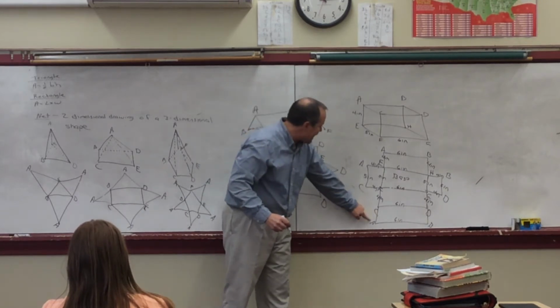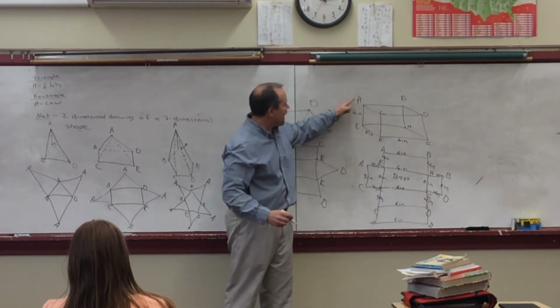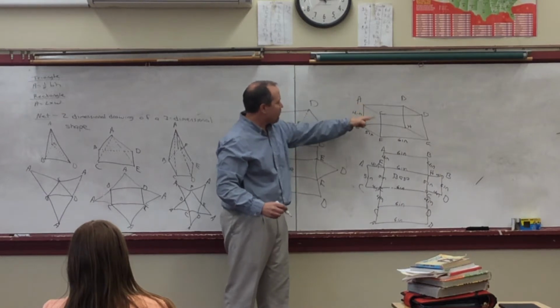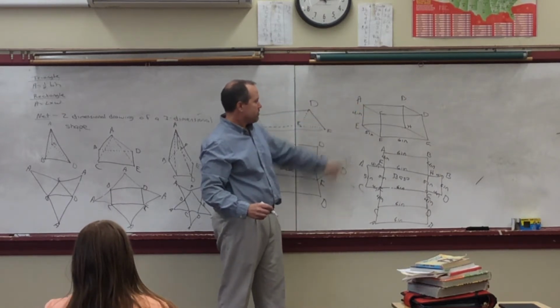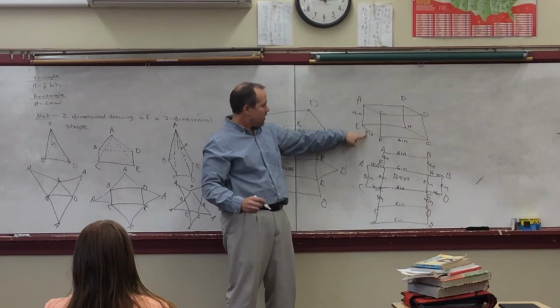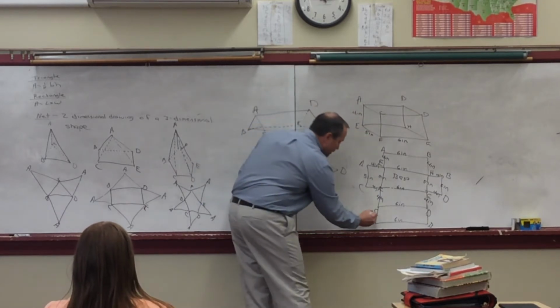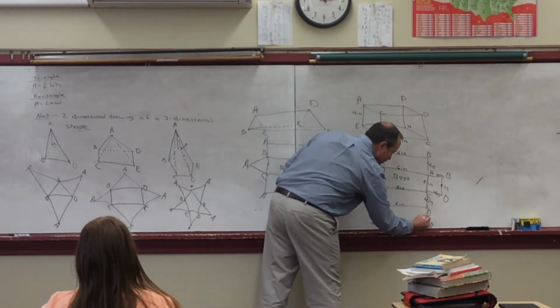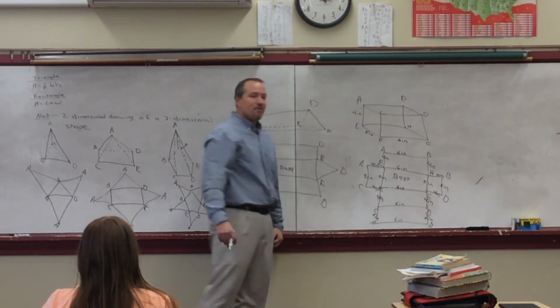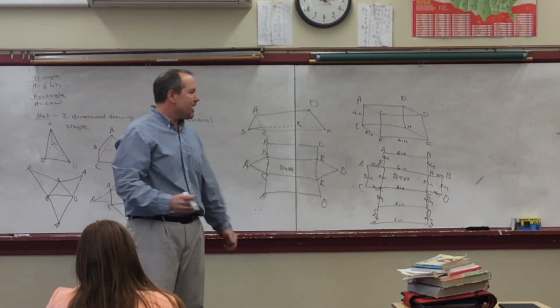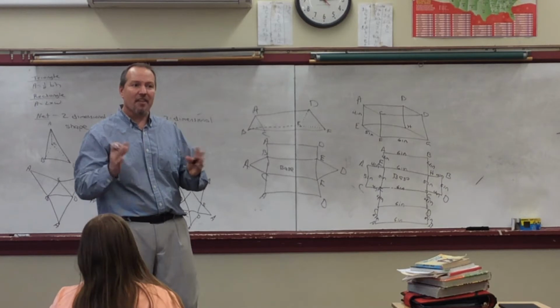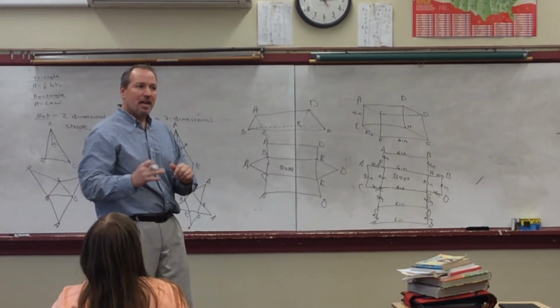We need to find CA. CA goes front to back. Well, what measurement do we have going front to back? 5 inches. So if this is 5 inches, this one also is 5 inches. Now all we got to do is find the area of all of them and then add them up.